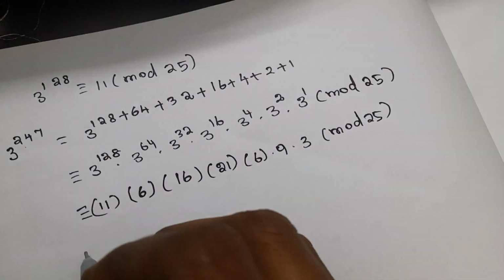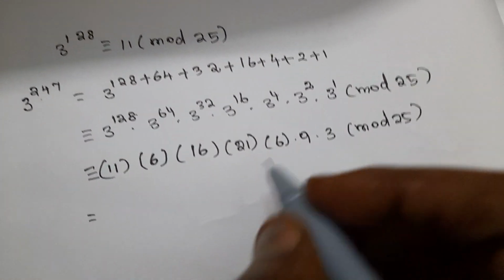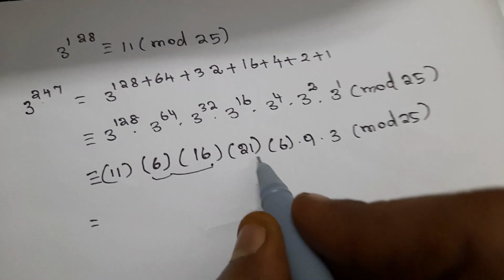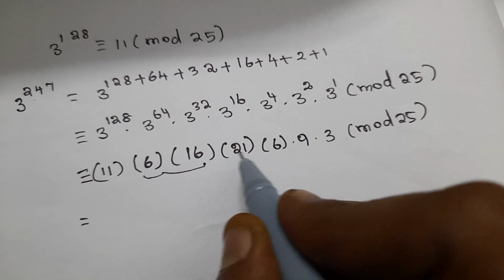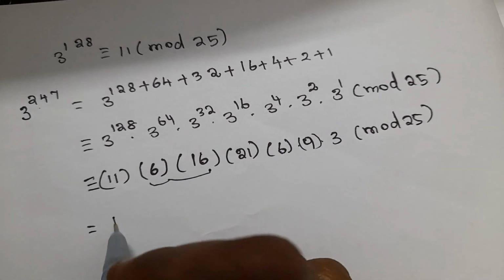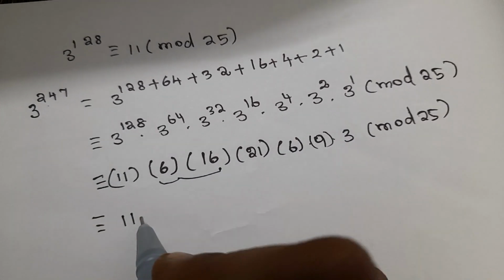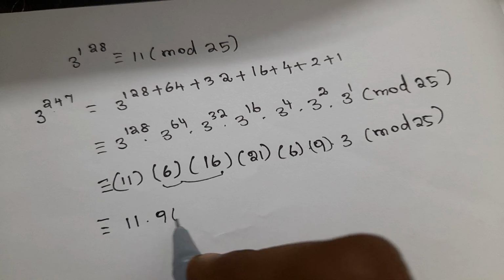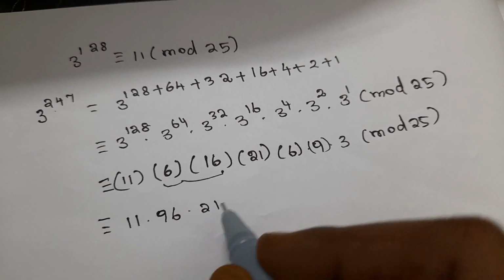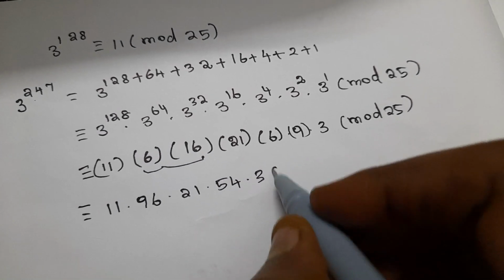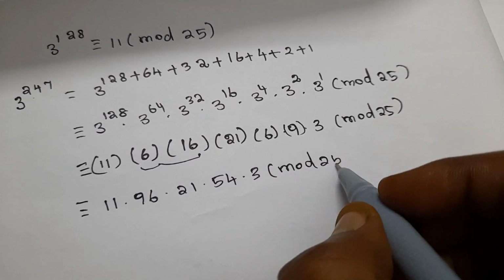Now we club the terms. We club 6 into 9, and 21 we take as it is. This is congruent to 11 into 6 into 16, which is 96, into 21 into 9 into 6, which is 54, into 3, mod 25.